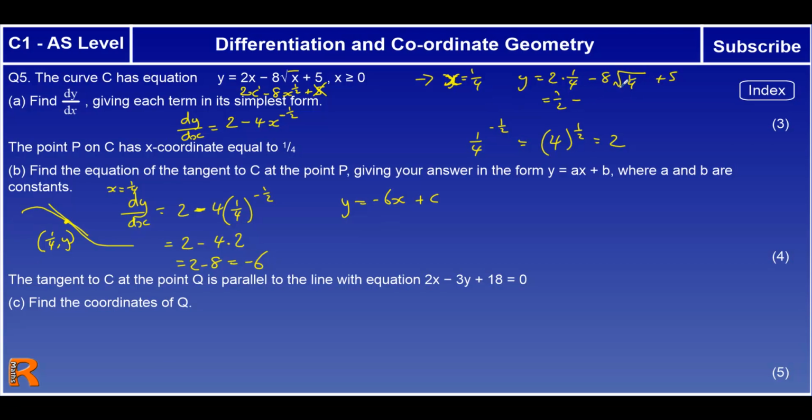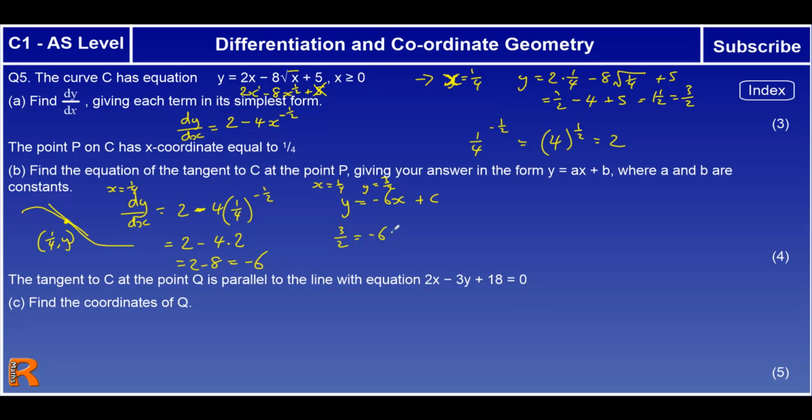Square root of a quarter is also a half. Square root of 4 is 2. Square root of 1 is 1, so it's 1 over 2. And a half of 8 is 4, so that's the same as just 4 plus 5. Minus 4 plus 5 is 1, plus a half is 1.5, or 3 over 2. So y is 3 over 2 when x equals a quarter.